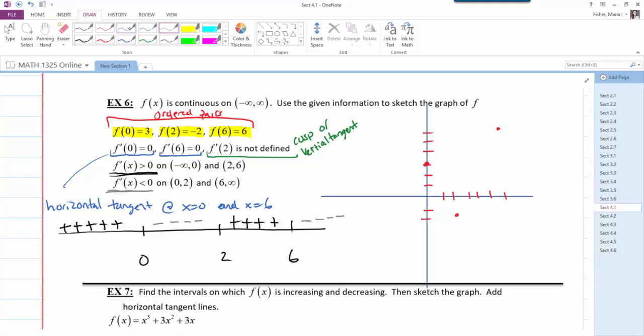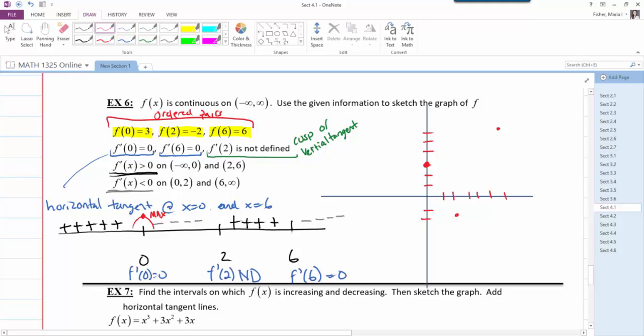So again, we know that here f prime of 0 is equal to 0. Here f prime of 2 is not defined. f prime of 6 is equal to 0. So if we look at what's happening, here I am increasing and then I'm decreasing, so I should have a max at 0. This should be a maximum value.